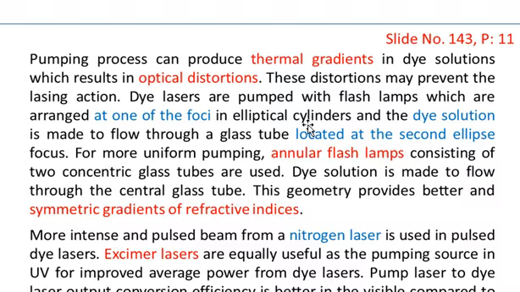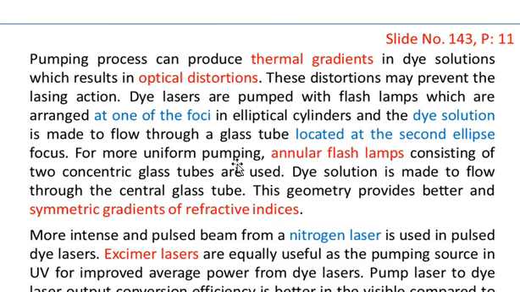So if our cavity is in the form of the elliptical cylinder, then the flash lamps can be located at one of the foci of the elliptical geometry, and the dye solution is made to flow through a glass tube located at the second focus of the ellipse.